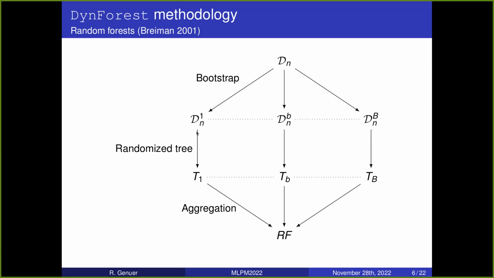And then on each bootstrap sample, you will build some randomized decision tree predictors. So you then end up with a collection of decision trees. Each tree will be able to predict your outcome. And then you aggregate all those individual predictions together to get the final prediction given by the random forest.